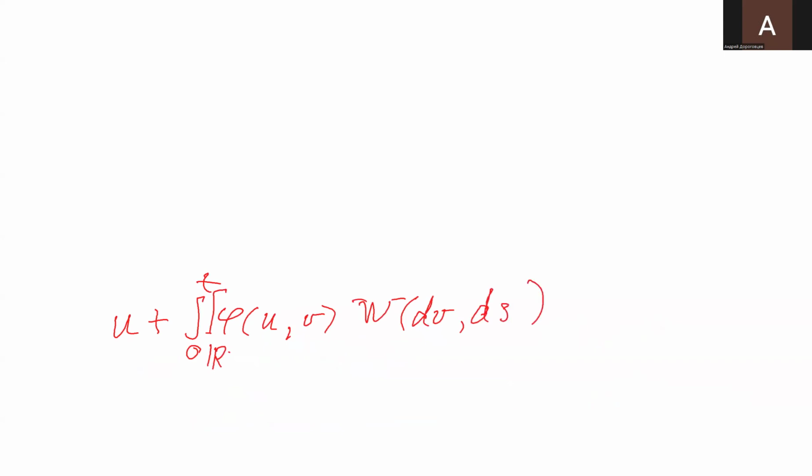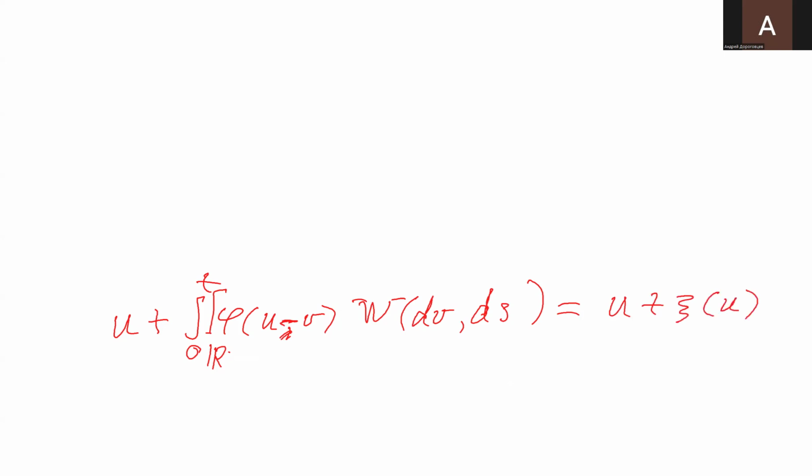Suppose we have such an integral, from 0 to t, of some function phi of u, v and w, another integral with respect to r, W dv dt ds. Then we have a Gaussian process, and when we have here minus, for example, it is stationary. So I can write it like this.